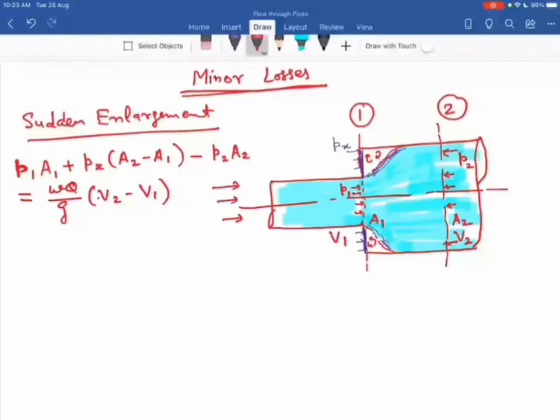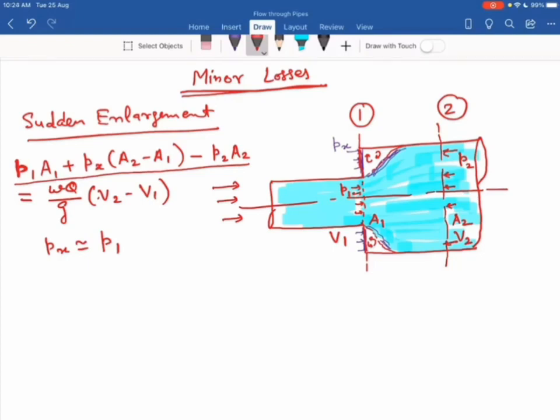Okay, so from impulse momentum relation, I can write the net pressure force on the element is equal to the change in momentum. So now I put here one assumption. The assumption is, let us say Px is approximately equal to P1. So now I write left hand side again.